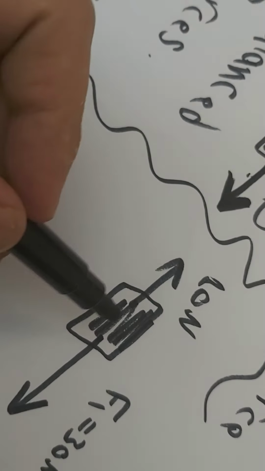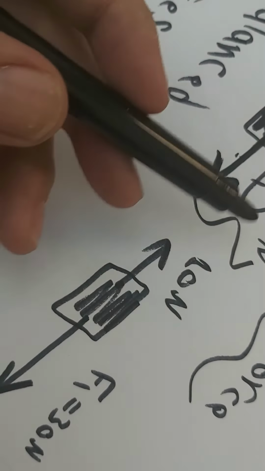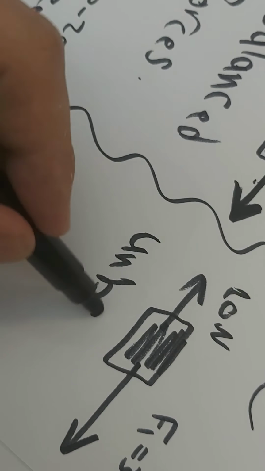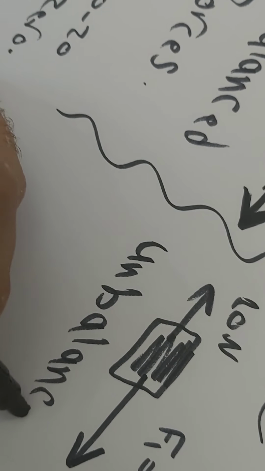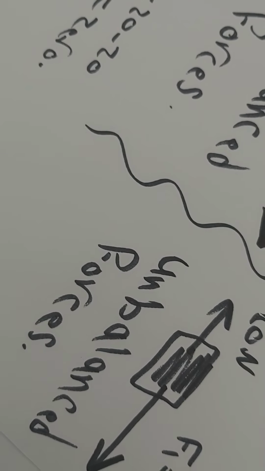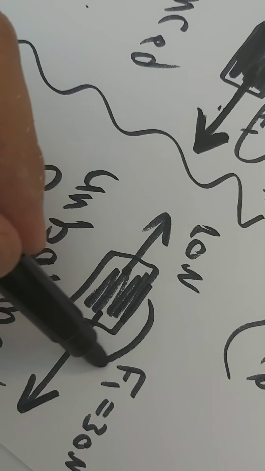So this object will move where? Right, because F1, 30, is greater than 10. This type of forces, we call unbalanced forces. Unbalanced forces are forces that cause change in the position of an object.